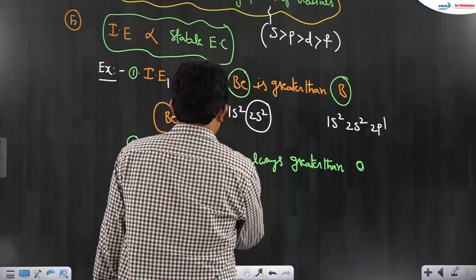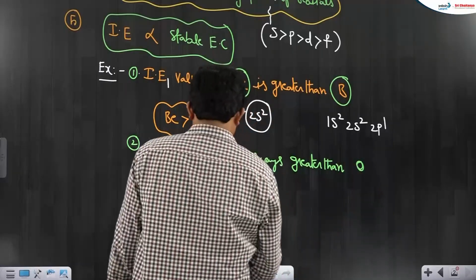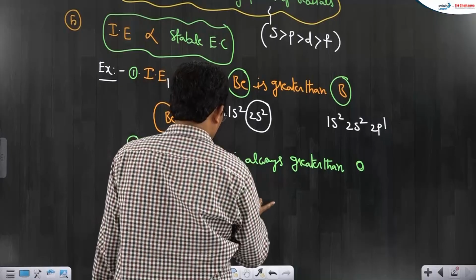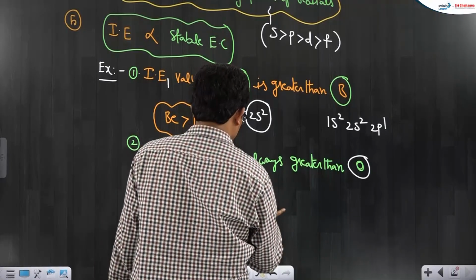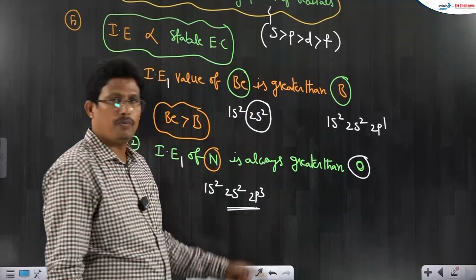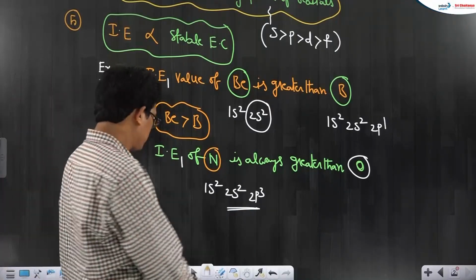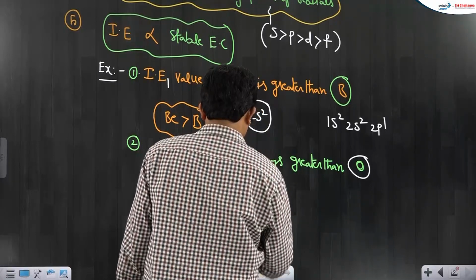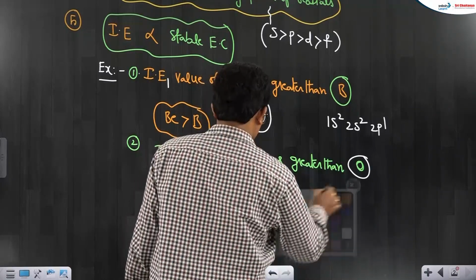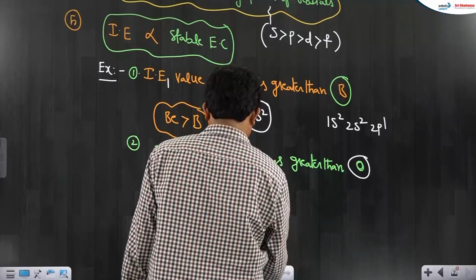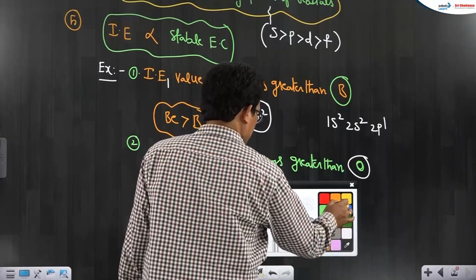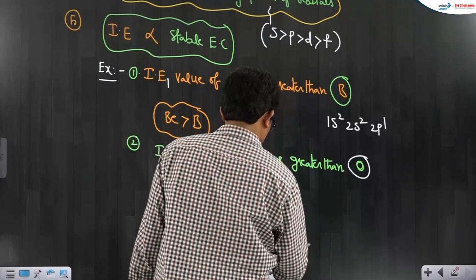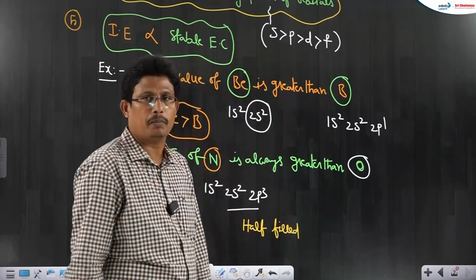If you observe the configuration of nitrogen and oxygen, nitrogen has half-filled p sublevel.